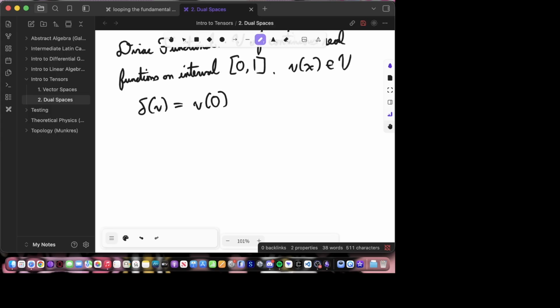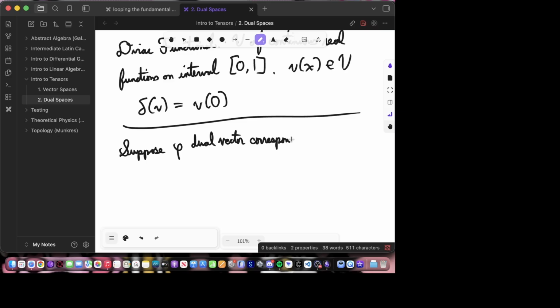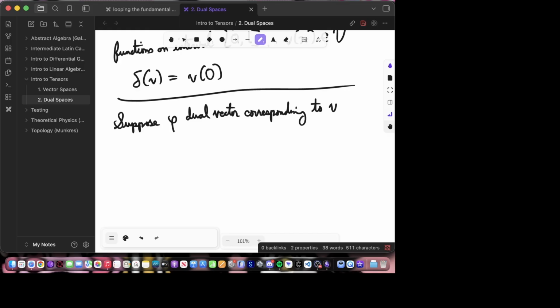Alright, so our last theorem of the video will be the following. Suppose we have a dual vector phi corresponding to a vector v in such a way that phi of a vector w is equal to the inner product of v and w.